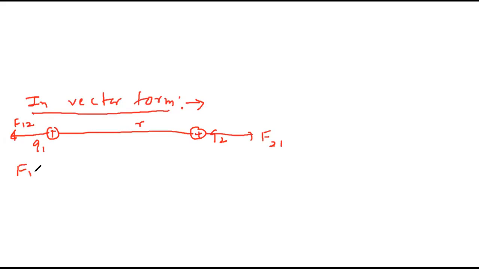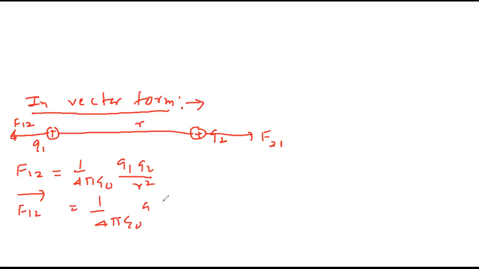So force on first due to second in magnitude is 1 upon 4 pi epsilon q1 q2 upon distance square. If I convert this into vector, this will become 1 upon 4 pi epsilon q1 q2 upon r square into unit vector from 2 to 1, because direction is from 2 to 1.